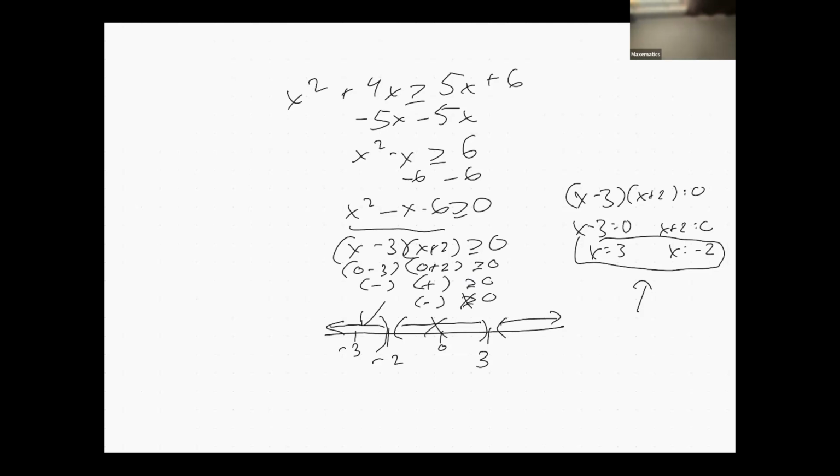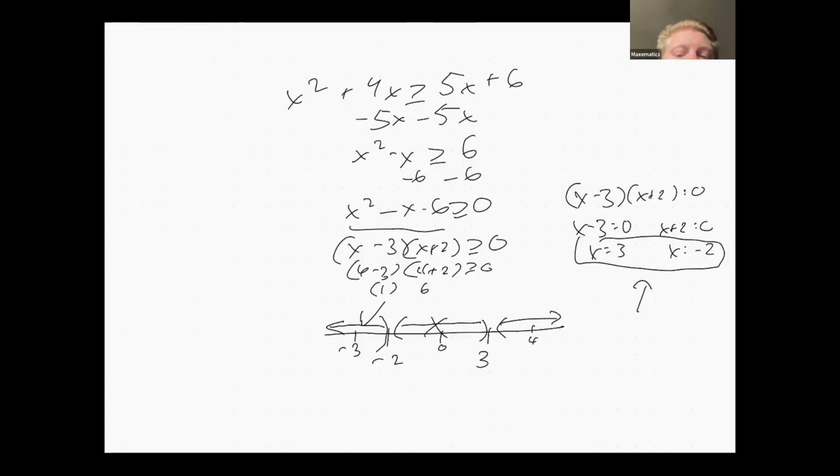Okay, last but not least, let's check a number to the right of 3. Let's plug in, let's say 4. 4 minus 3 times 4 plus 2. Well, 4 minus 3 is positive. 4 plus 2 is also positive. It is 6, but it's positive.